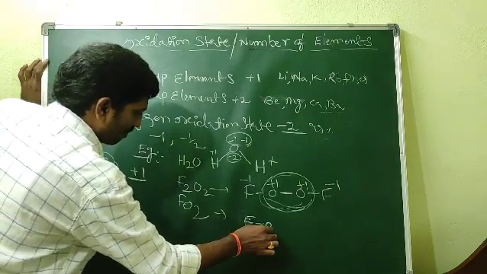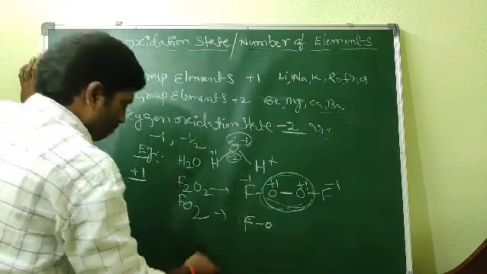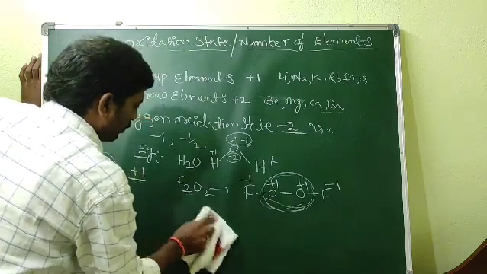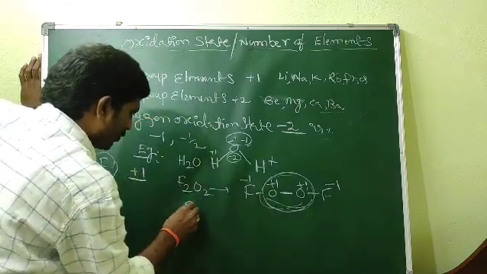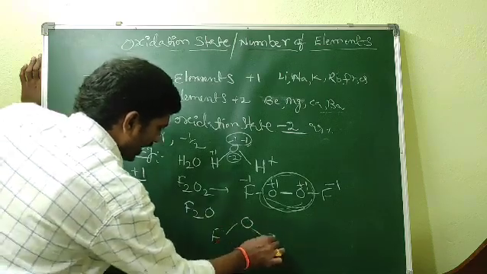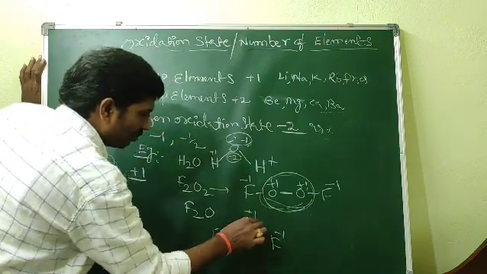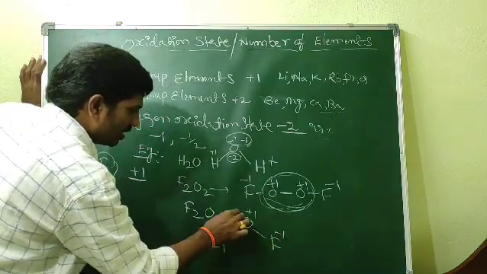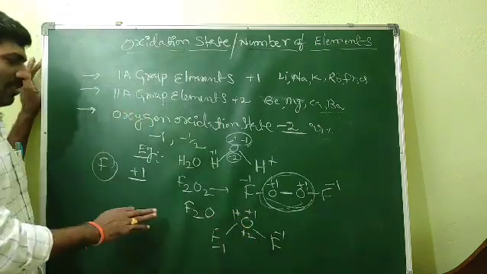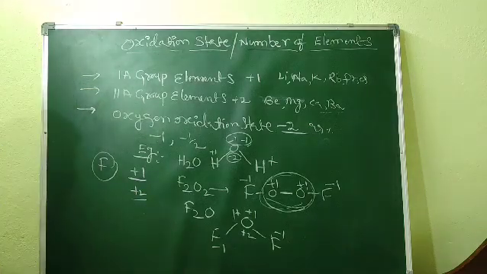For F2O, here F, here F will come. So this one has -1, this one has +1, this one has -1, this one has +1. Total +2 also is there. So +1 oxidation state, +2 oxidation state also is there for oxygen.